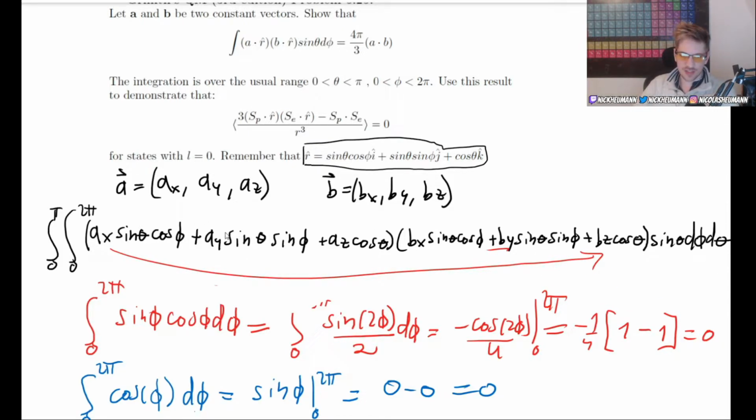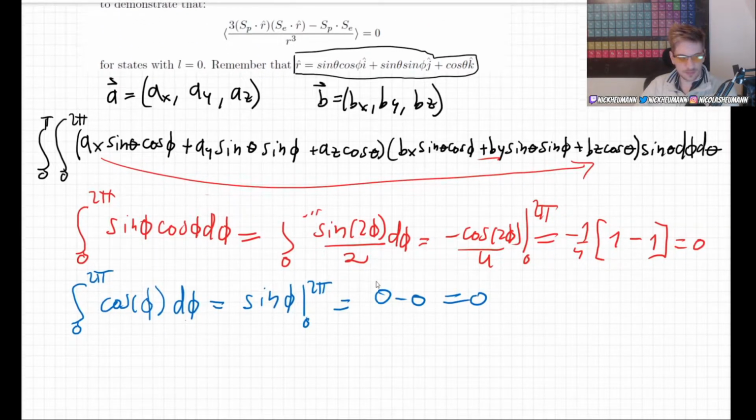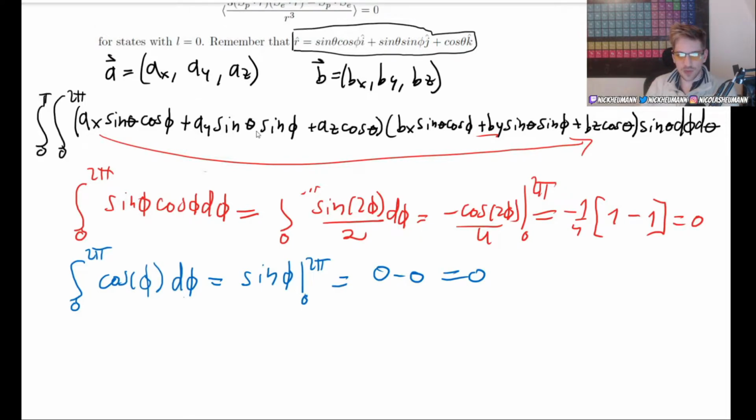And then if we go to the next one, ay times bx will be 0 again, right? We already discussed that. And then we would have ay times by. That would be the next term involved. So ay times by, we would get sine theta cubed, and then sine phi squared. Similar to what we had in ax bx, it doesn't really seem like any of that is going to be 0. Maybe it will, but at least at first glance, I don't see how that could be. So let's continue. Then we would have ay times bz.